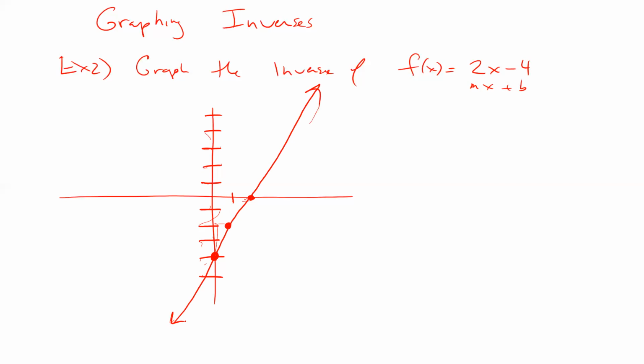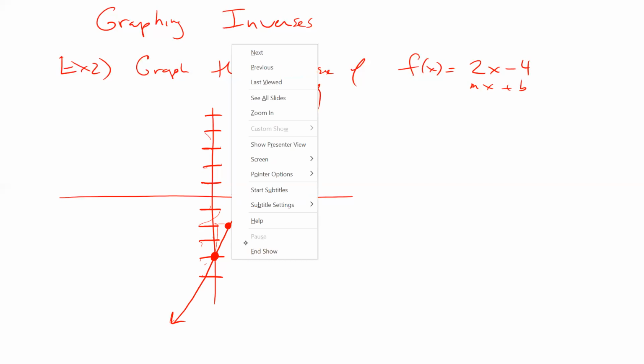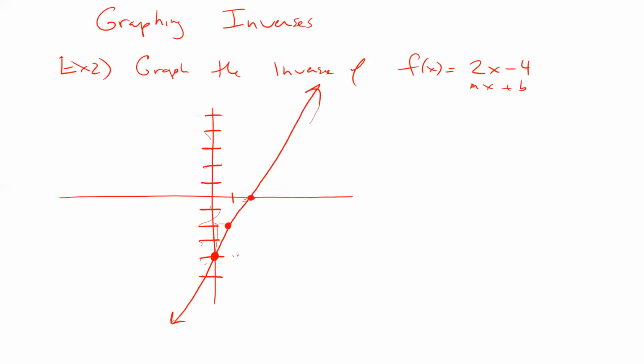Let's put little dots in here. So let's see, this guy is 0, -4. Everybody agree there? This is 1, -2. And my other dot is what? 2, 0. Perfect.